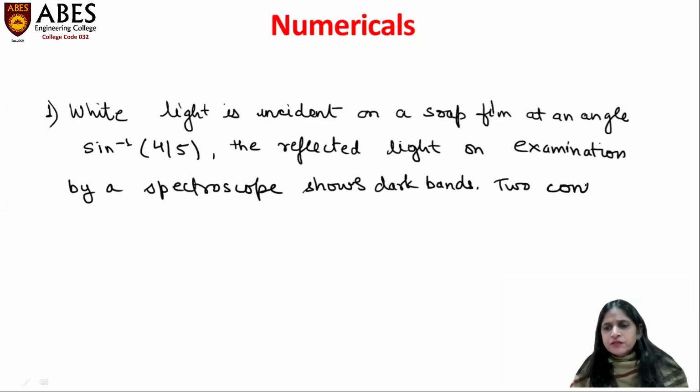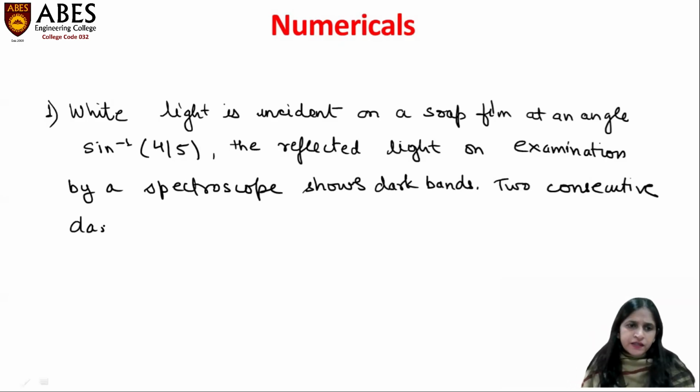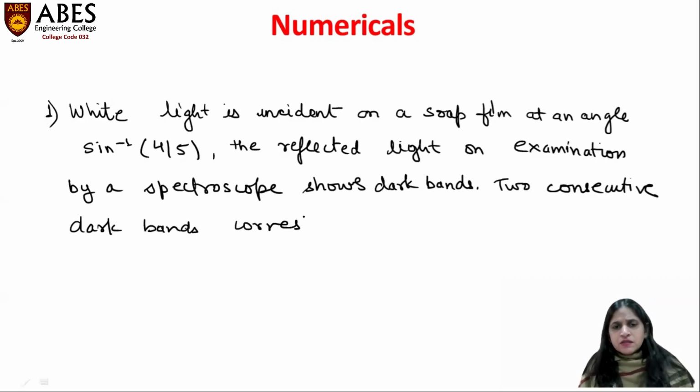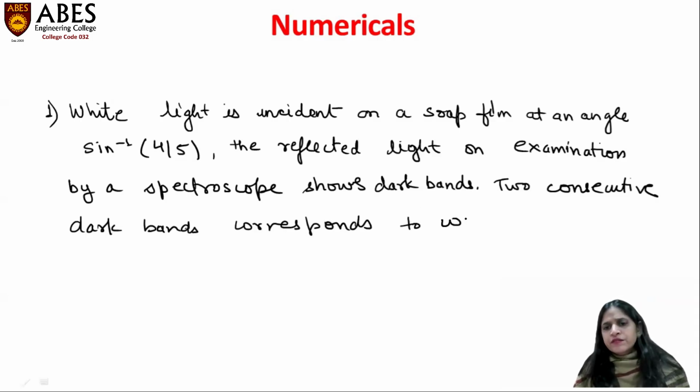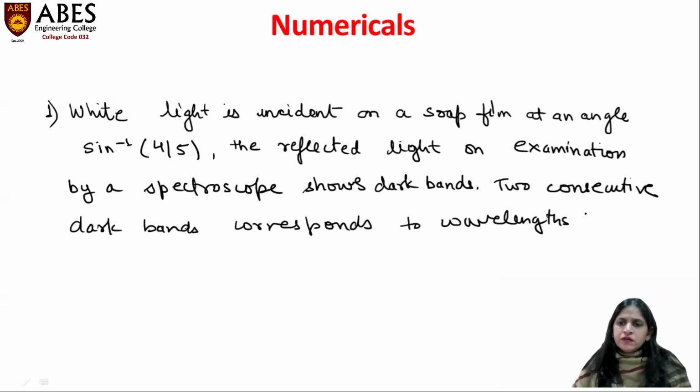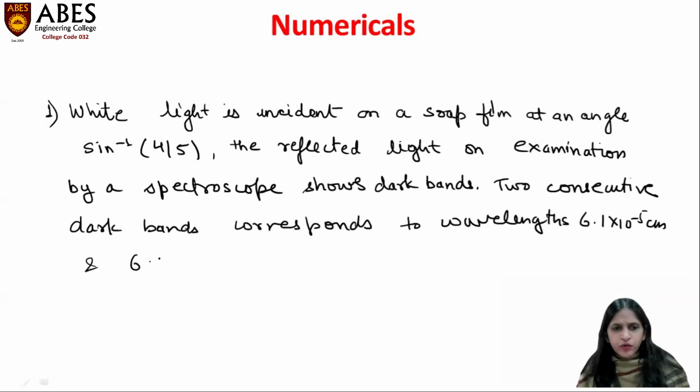Two consecutive dark bands correspond to wavelengths 6.1 into 10 to the power minus 5 centimeter and 6.0 into 10 to the power minus 5 centimeter.